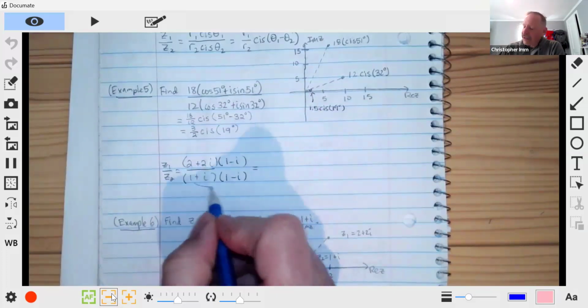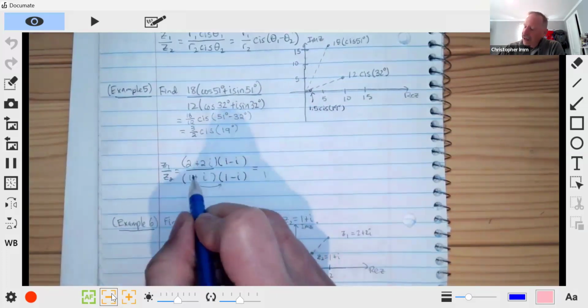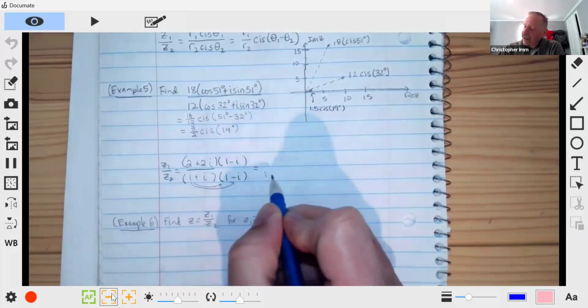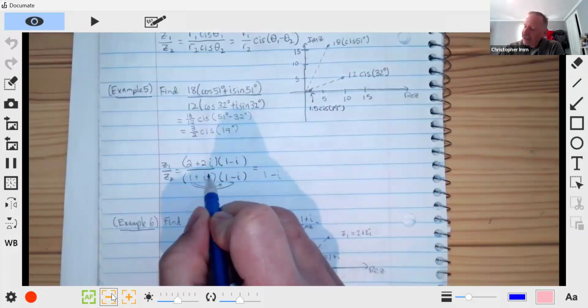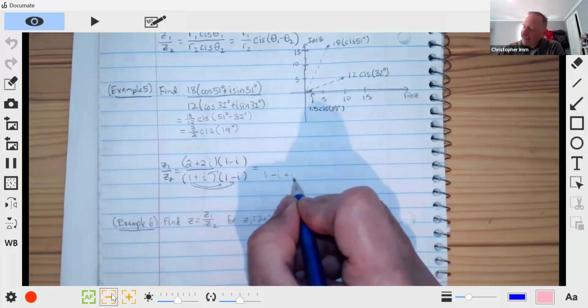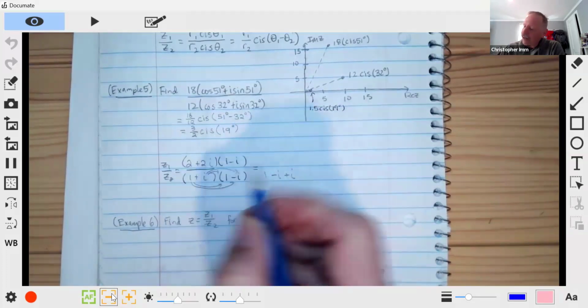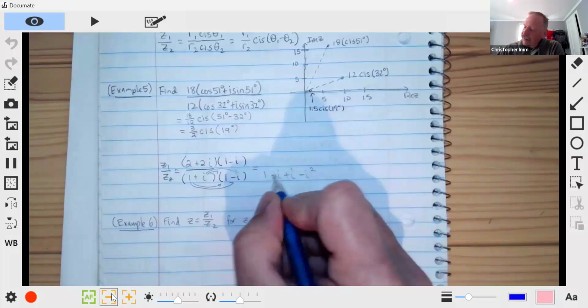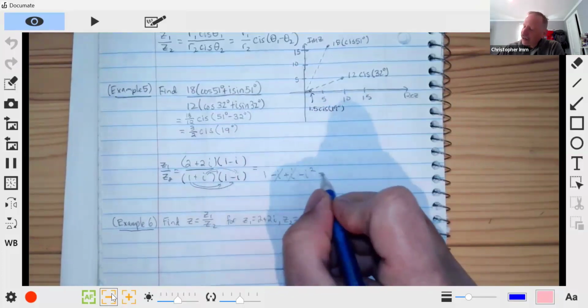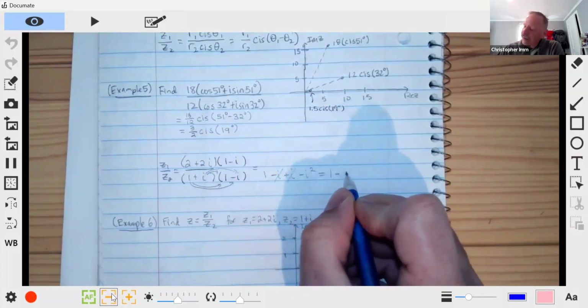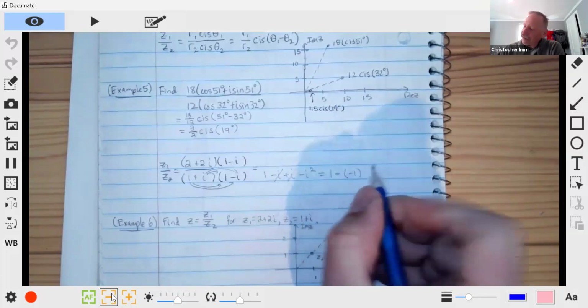I have 1 times 1. I have minus i. When I distribute the i through, I have plus i. We knew that was going to happen. And then I have minus i squared. So these subtract out. I have 1 minus i squared, which is minus 1, so that's going to be 2.